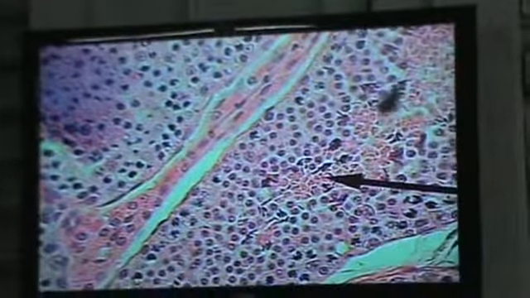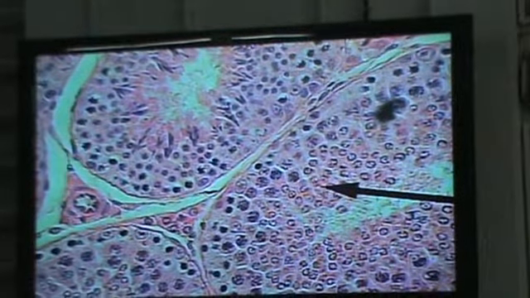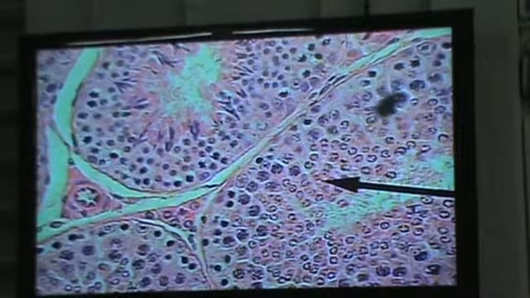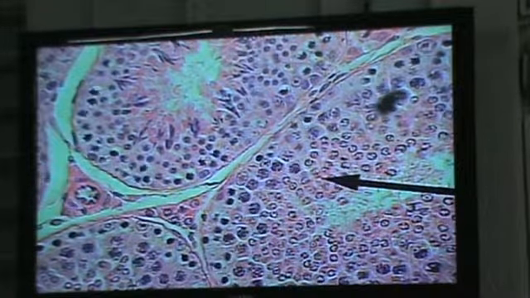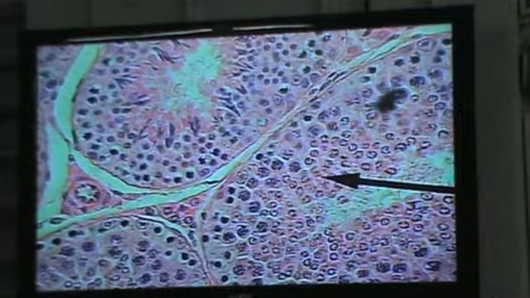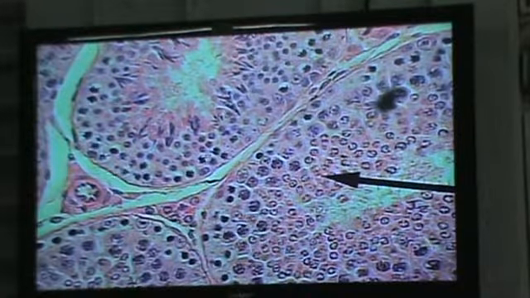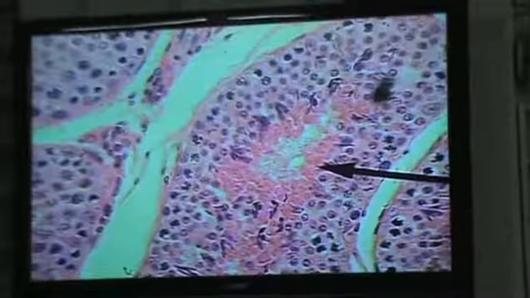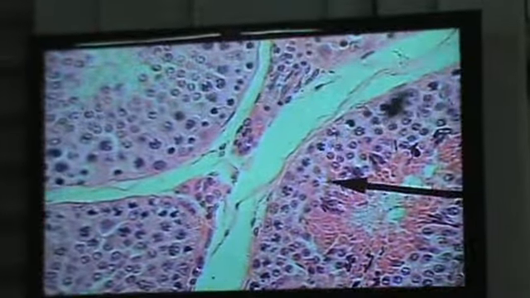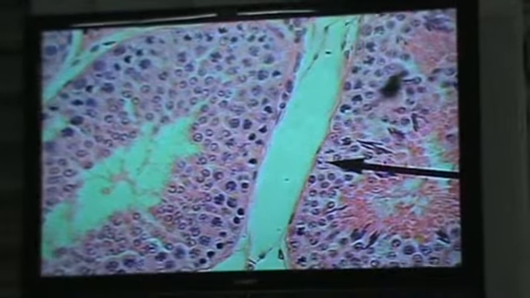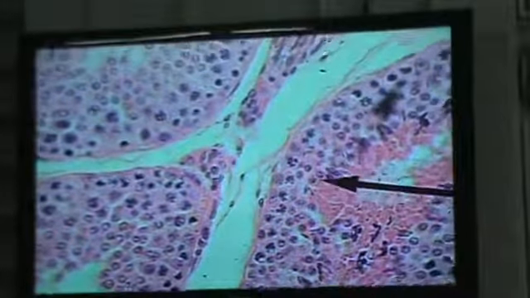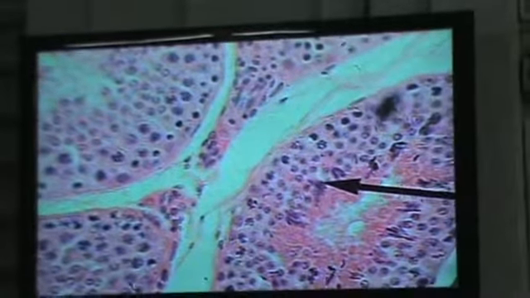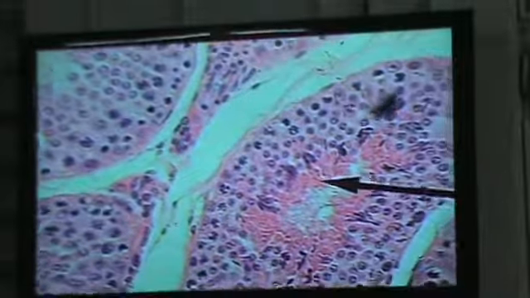Now obviously you can see that the seminiferous tubule is a very crowded structure. Especially with all of these spermatocytes, they really are crowding things up a bit. So actually to make out the Sertoli cells is a little difficult.